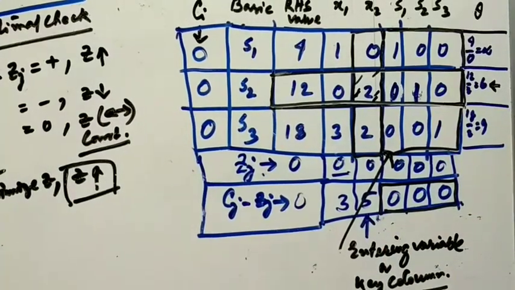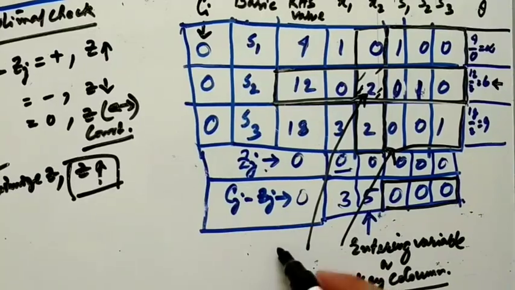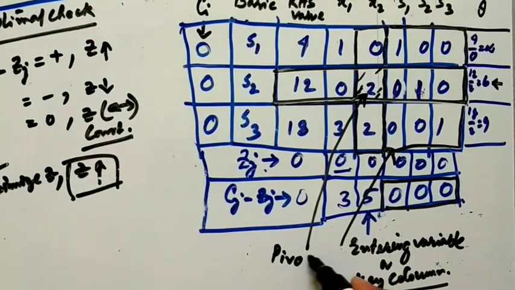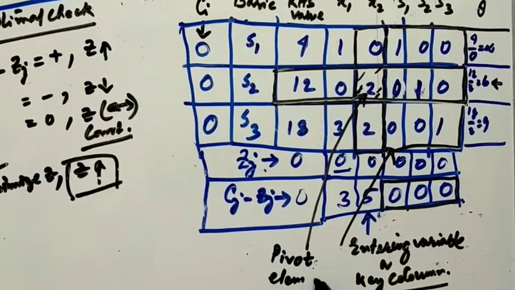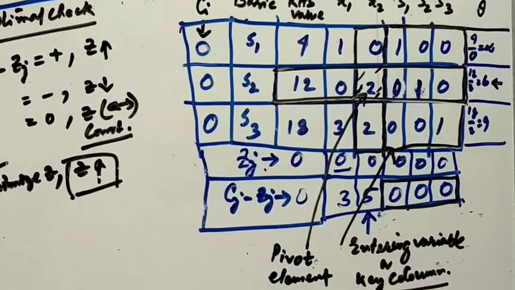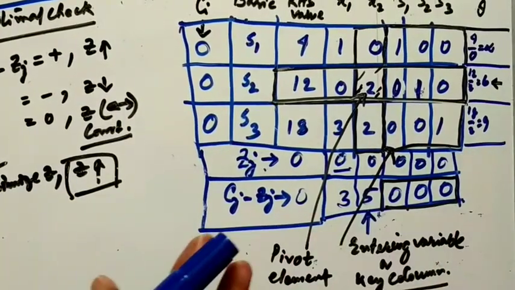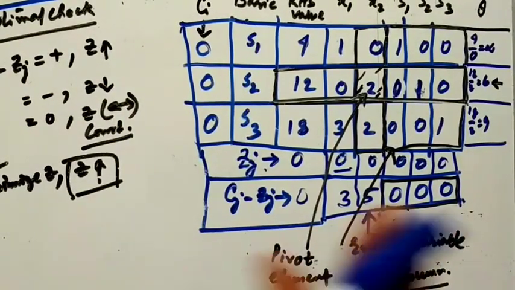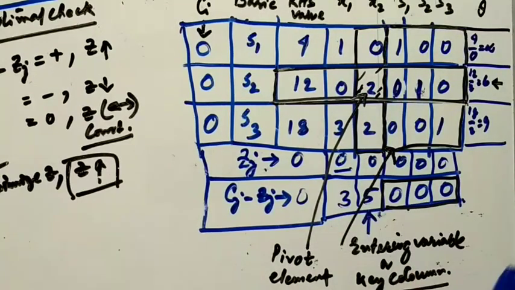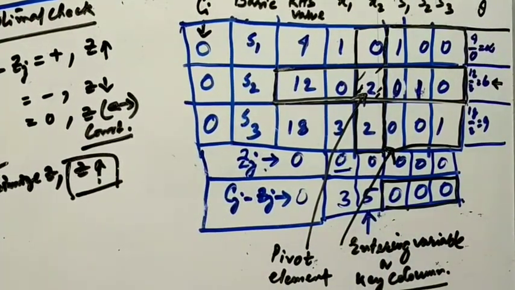This is the pivot element. We are having 2 as the pivot element. So in order to construct the second table, or second iteration, we have to find the key column and calculate this replacement ratio column.